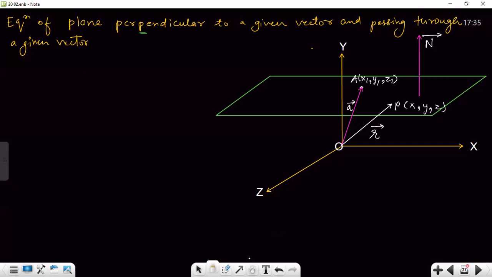Let me draw another vector from A to P. Why from A to P only? Because we need to find it. You can also take it otherwise, but that's more conventional.